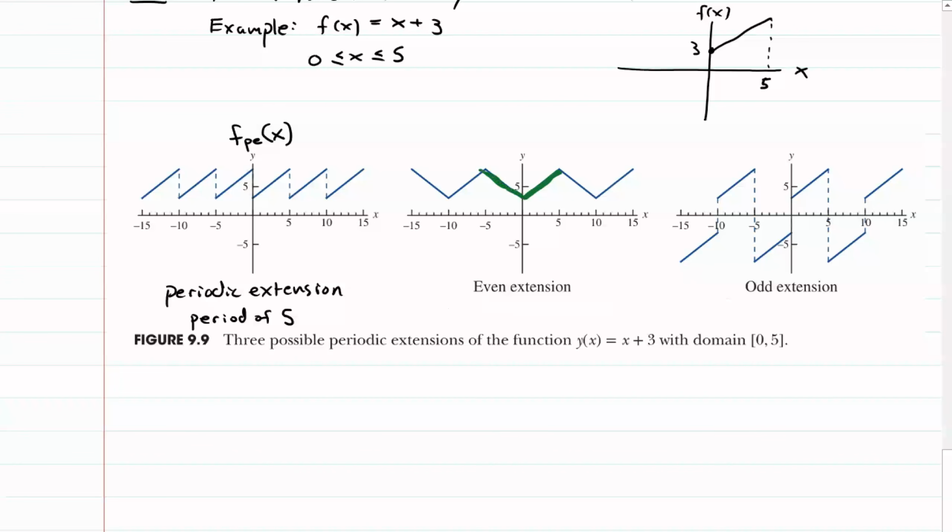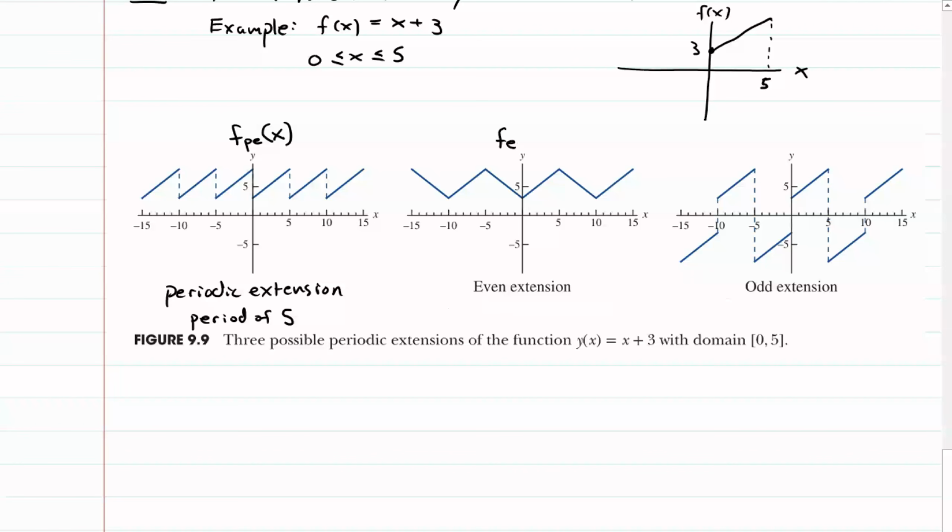So I made an even function out of the original function. And then I repeated that whole thing again everywhere else. This is called an even periodic extension, or just an even extension. So I first made the function even, and then I repeated that even part over and over again.